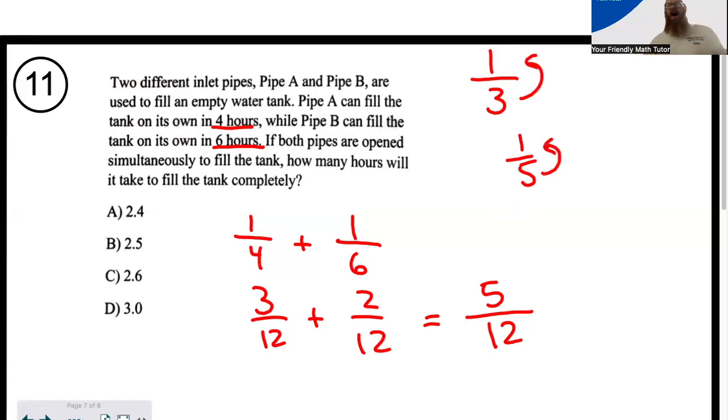So if it's 5/12 full the first hour, the amount of time it's going to take to completely fill up is just the reciprocal of that. So you're going to flip it, and it's going to take 12 over 5 hours to fill up. And 12 divided by 5 is 2.4.